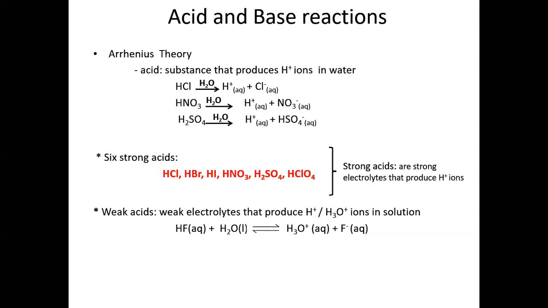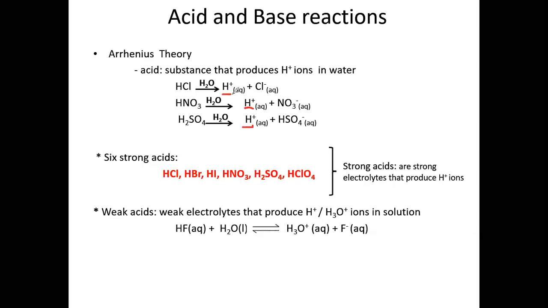So for example, we take hydrogen chloride gas, bubble it through water, we form H+ and Cl-. So HCl in solution is an acid. If we take HNO3 in water, we form H+ and NO3-. So these are all examples of acids.